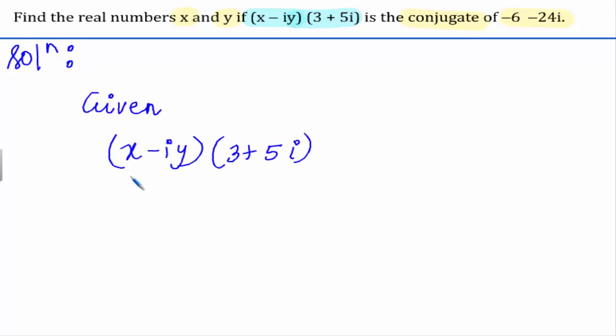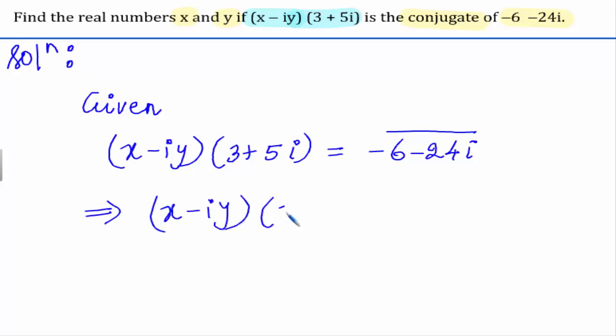We are given the product of x minus iy and 3 plus 5i is equal to the conjugate of minus 6 minus 24i. This implies (x minus iy) multiplied by (3 plus 5i) is equal to minus 6 plus 24i.